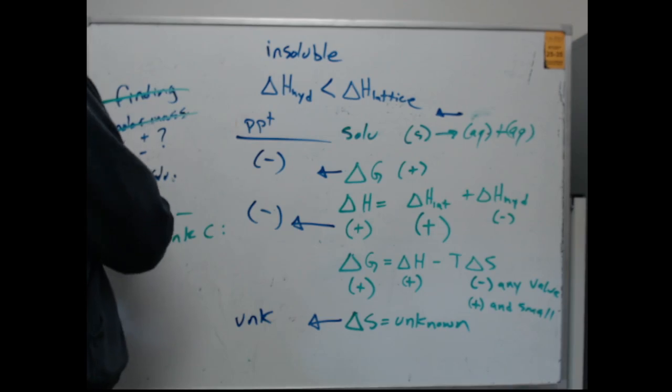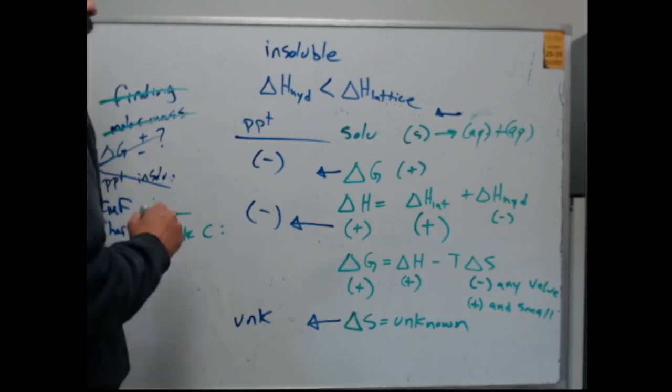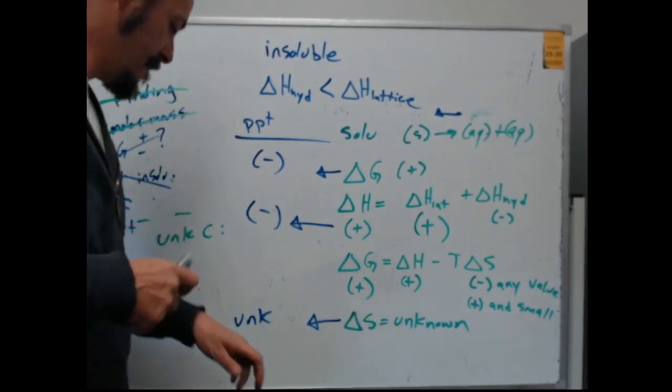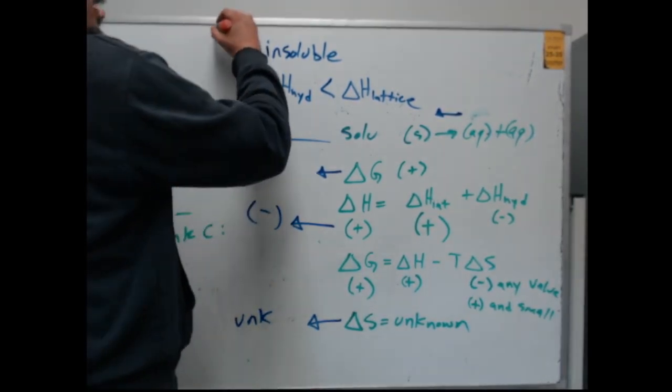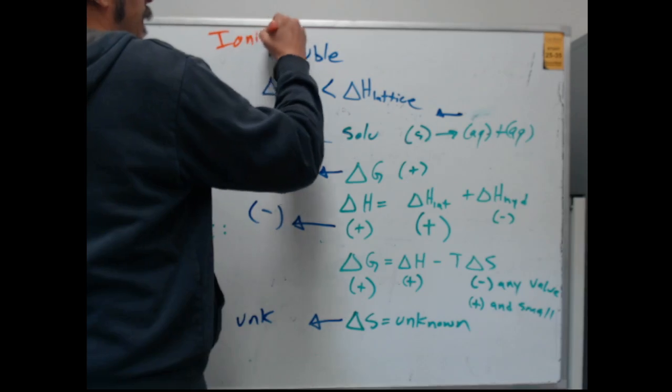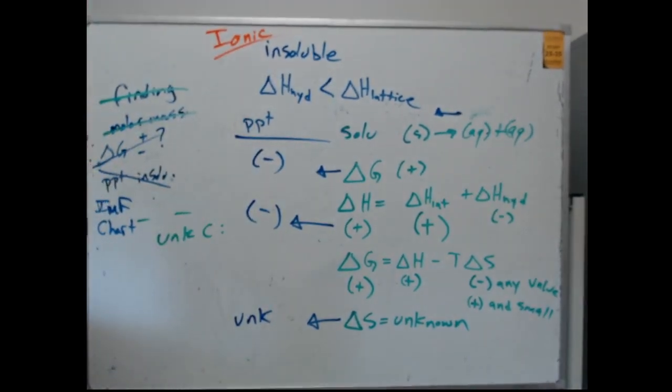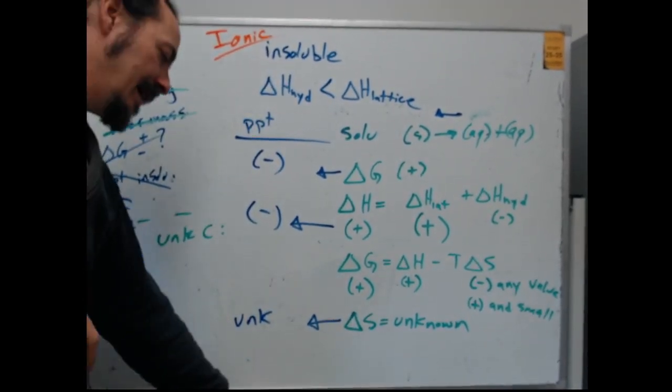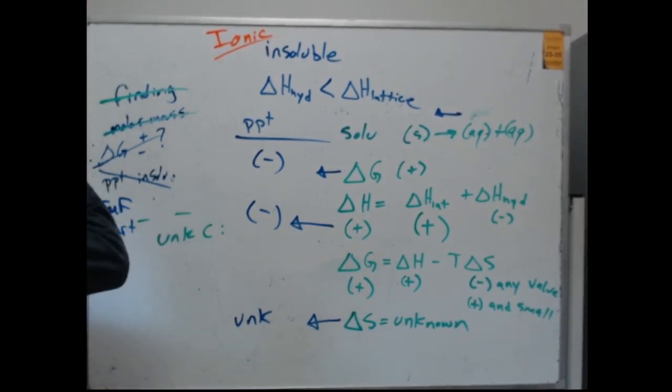Okay, so one of the things that becomes important to realize is that this was for ionic. This was our ionic consideration. I had this realization two years ago while I was teaching Chem 124. There's a bunch of pet peeves I have in chemistry, things that I really stress, like don't do this wrong, make sure you pay attention to this.